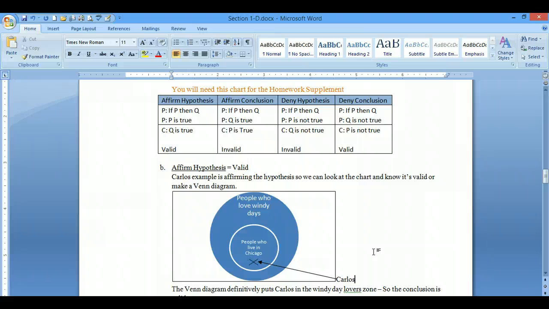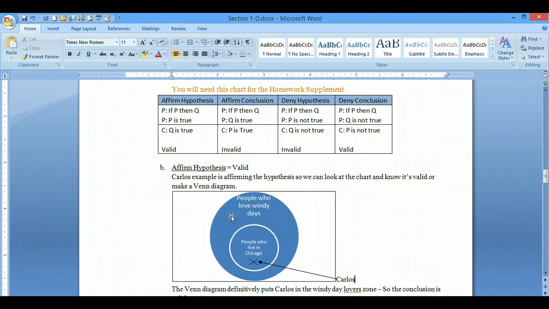Then all of the Chicago people must be in the circle of people who love windy days, because we stated if a person lives in Chicago, then they love windy days. So all those people need to be in the loving windy day set. And we stated Carlos lives in Chicago, so our X represents Carlos. We definitively put him in the circle of people who live in Chicago, which means he's also in the subset of people who love windy days.